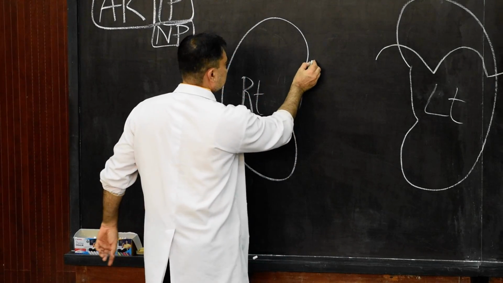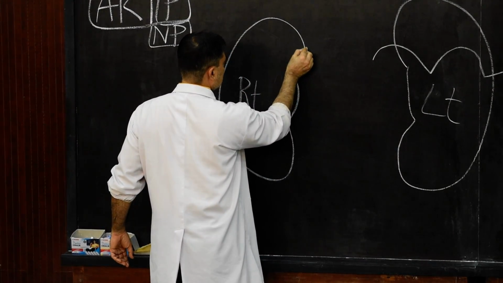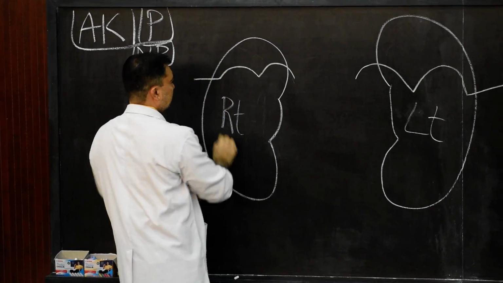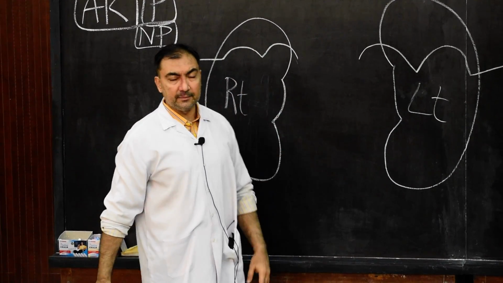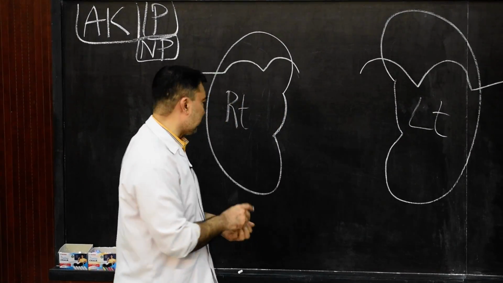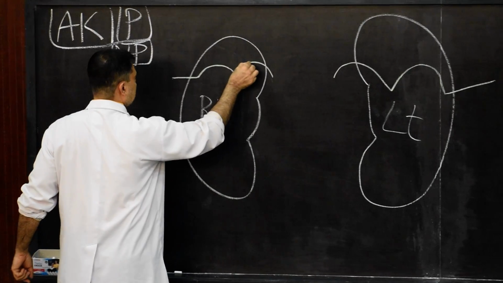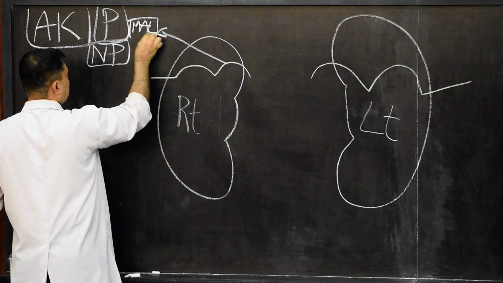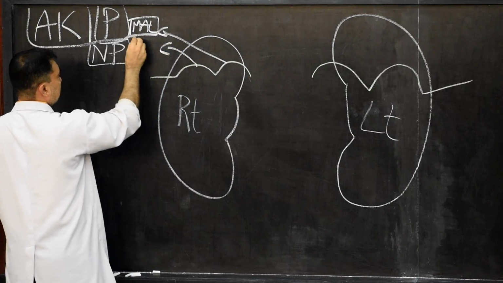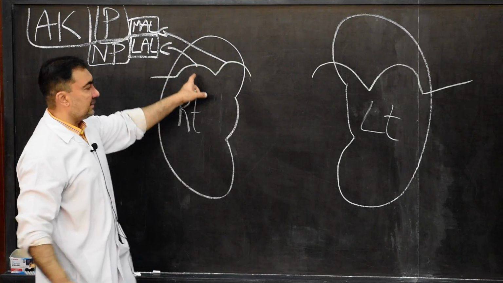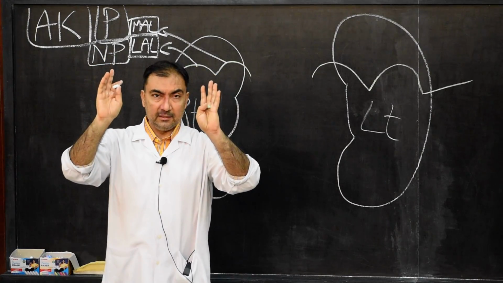Over here also, in the same way we are going to show the medial and lateral arcuate ligament. So the diaphragm takes origin from the medial and lateral arcuate ligaments, that is point number 1, and hence we mention here, this is the medial arcuate ligament, point number 1. This is also point number 1, the lateral arcuate ligament.